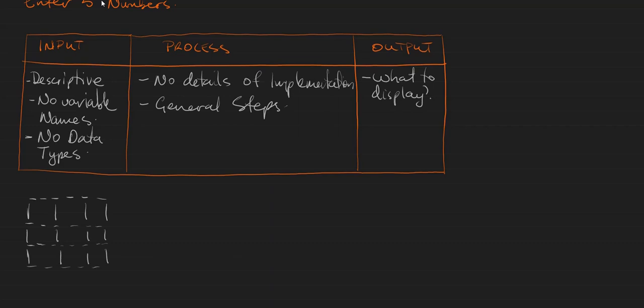Right? All you're going to do is say you're going to display the board. You're not going to show how you're going to display the board. And that is it. That's all the information that you really need to understand when you're doing an input process output.